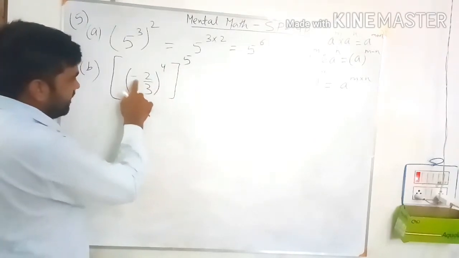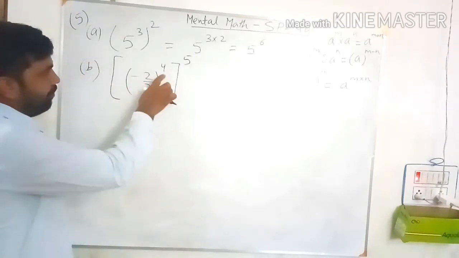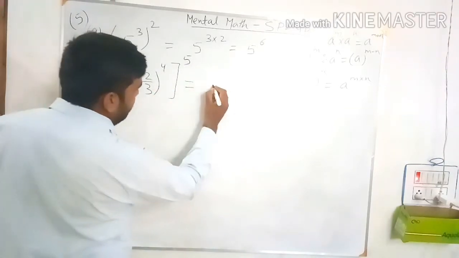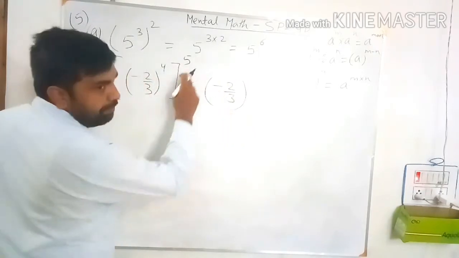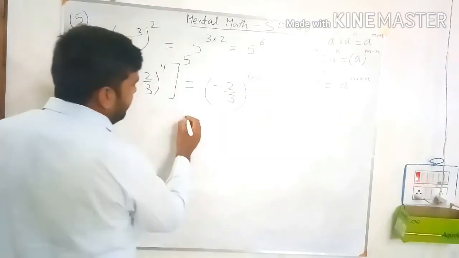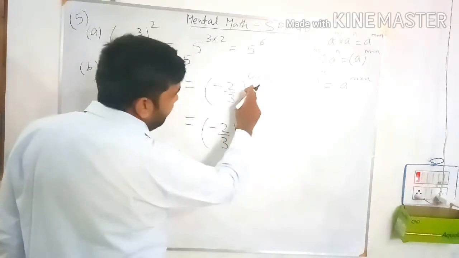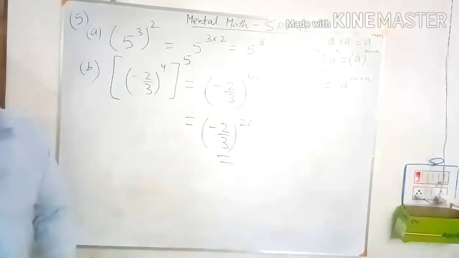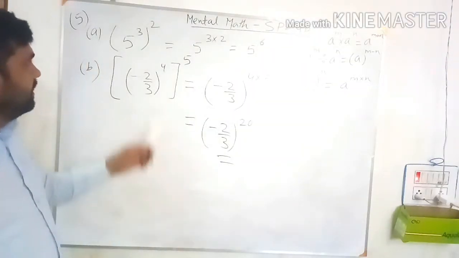So again, take the base common, minus 2 by 3, and after that multiply the powers, 4 multiply 5. What is the product of these powers? 4 fives are 20. So the answer will be minus 2 by 3 whole to the power 20.